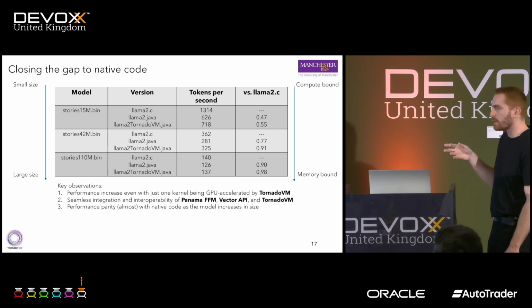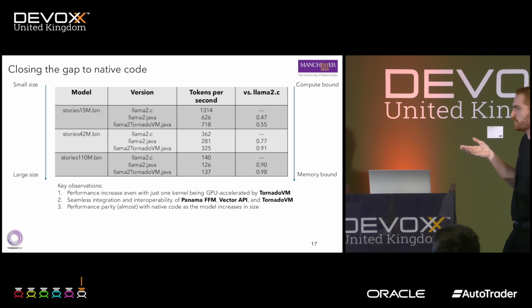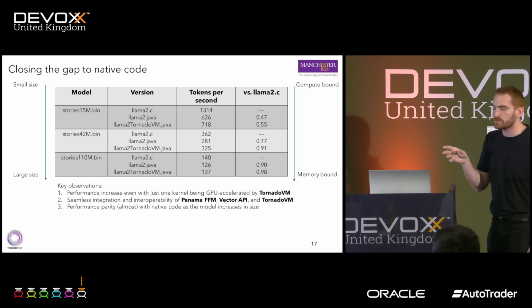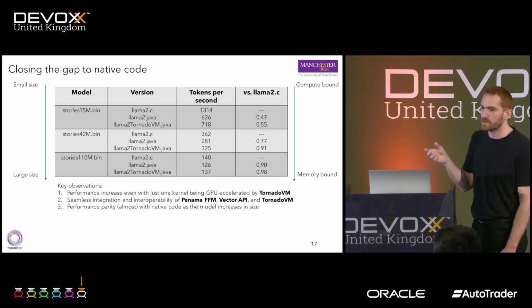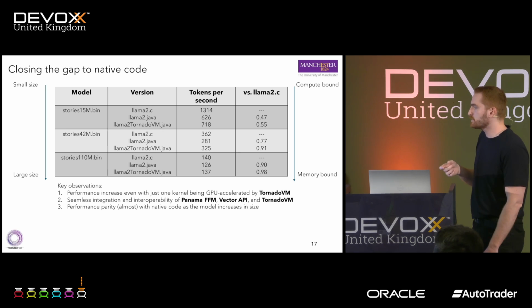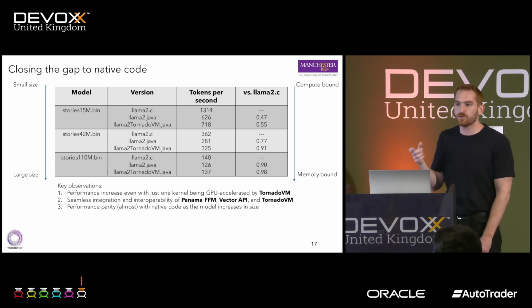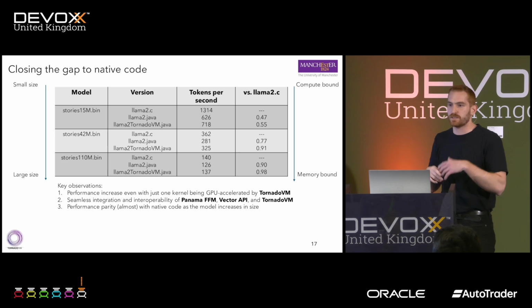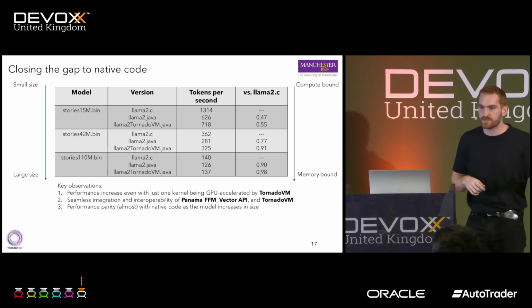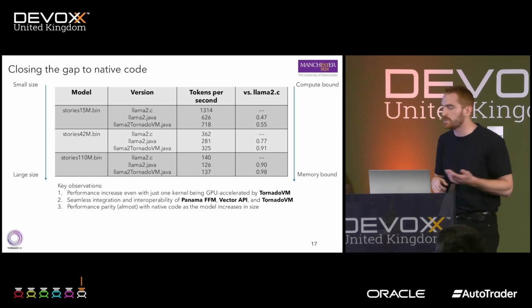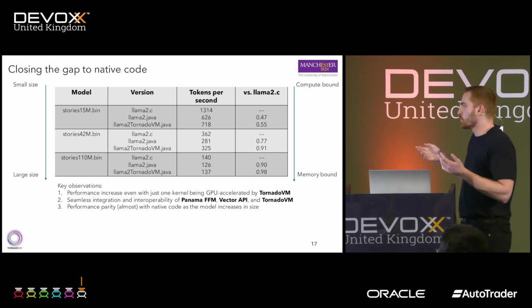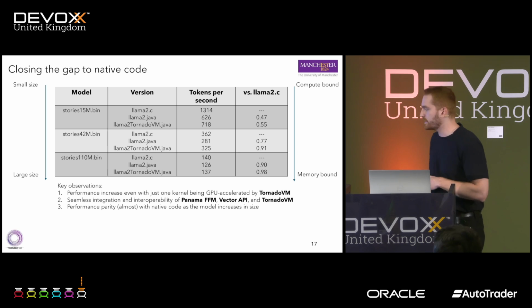So I think we have some key observations from this: even by not having a very sophisticated rewriting of our program to be GPU efficient, we managed to have an 8% improvement and close the gap with native. And also we have seamless integration with the Panama and Vector API, because we showcase that it doesn't make sense to offload all the invocations onto the GPU. We can do it when the data is sufficient to have some benefit. And we get almost parity with native code.